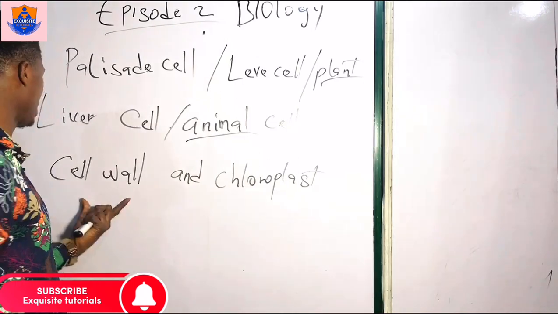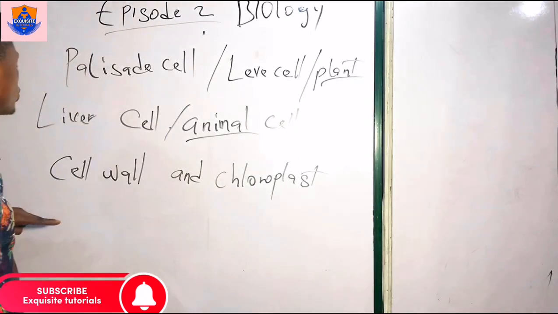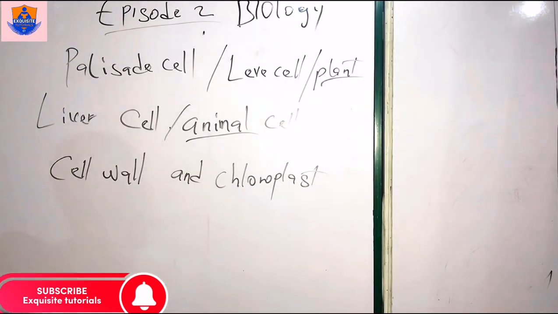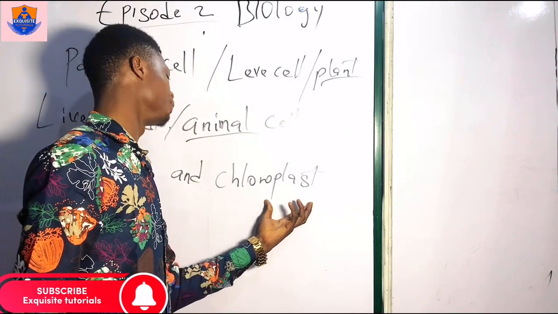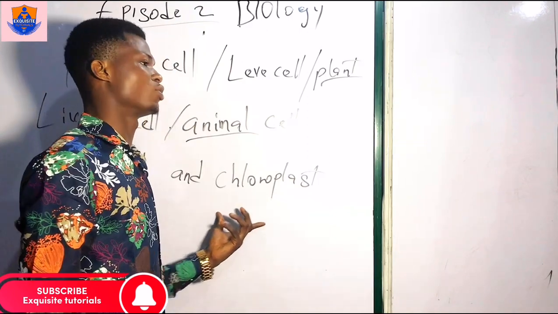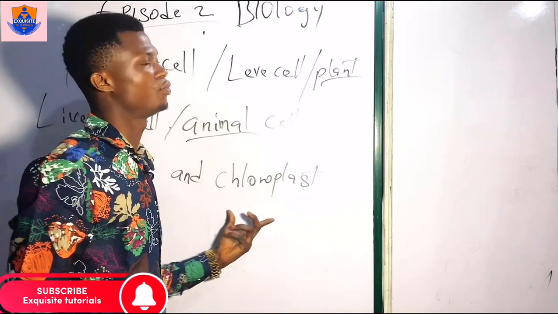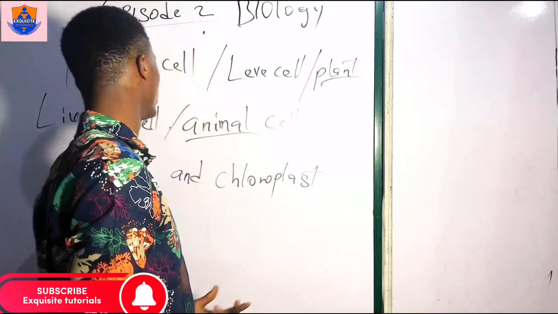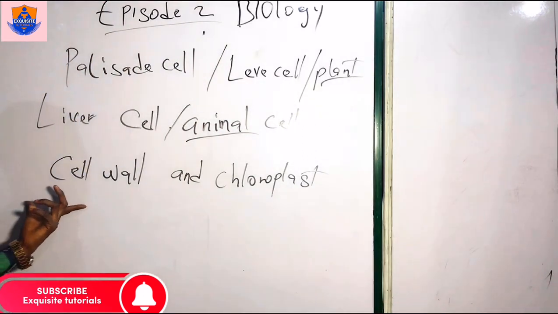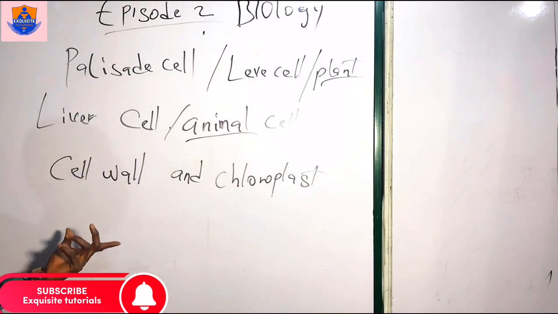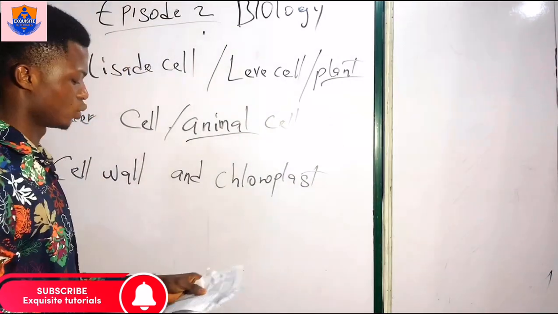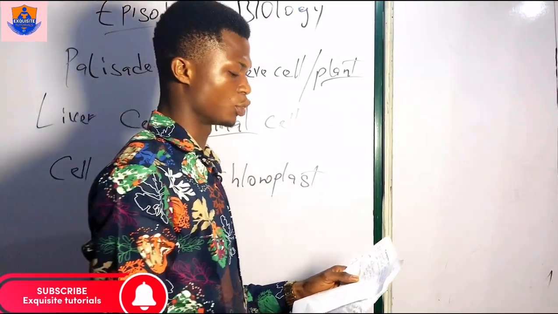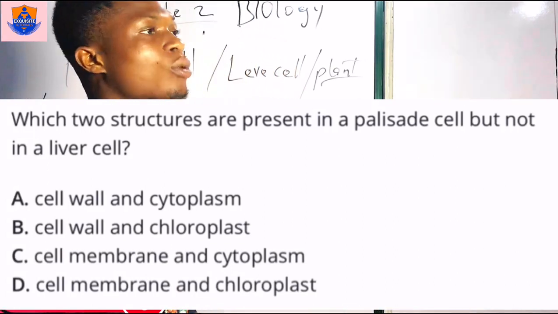Plants have cell wall and chloroplast. These two cannot be found in an animal. Chloroplast is responsible for photosynthesis. So humans or animals do not carry out photosynthesis, so there is no need for chloroplast, as well as cell wall. Animals do not have cell wall, they only have plasma membrane. So the correct answer is option B, cell wall and chloroplast.